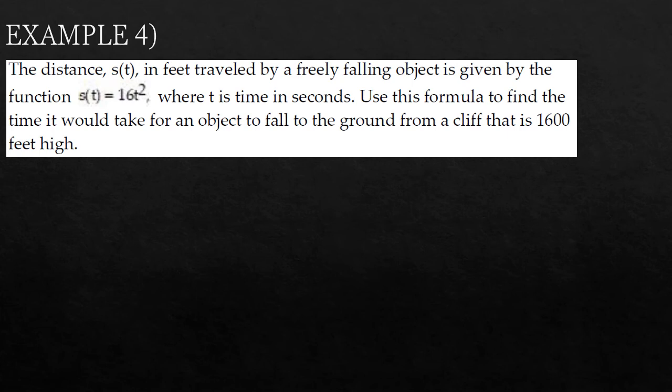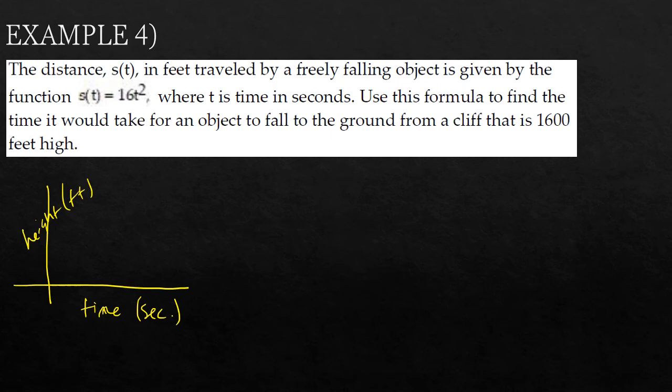So again, on this one, t is our time in seconds, and s is our height, and it's in feet. It wants to know how long will it take for an object to fall to the ground from a cliff that is 1,600 feet high.